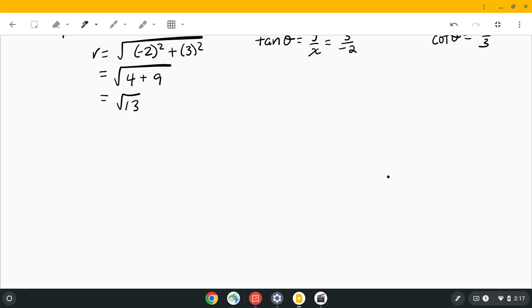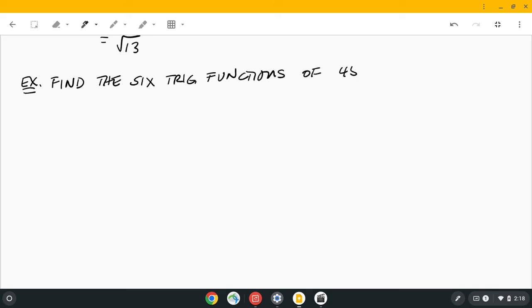Let's take a look at this next example. Let's find the 6 trig functions of 45 degrees. So let's go ahead and draw 45 degrees.